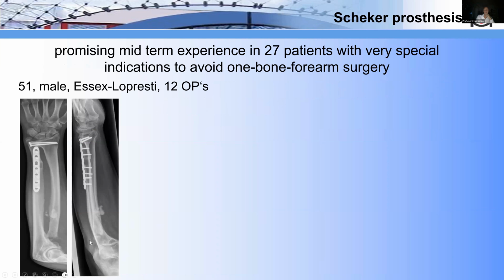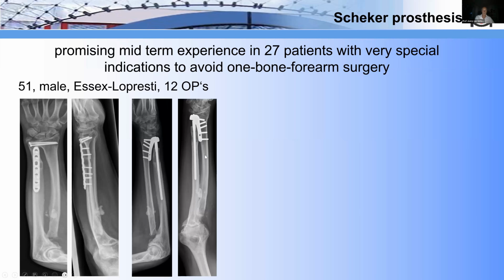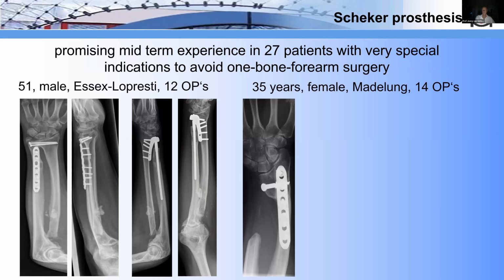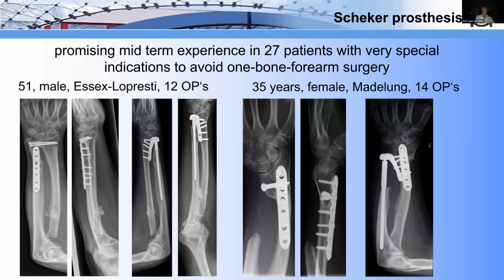This is one patient over here where we used the Scheker prosthesis following an acephaloplasty injury, following 12 previous operations, to restore some kind of forearm rotation, or in this patient, 35 years old female, Madelung's deformity with 14 previous operations. So in the end, we decided to remove the hardware to perform another correction osteotomy of the radius, and then restore stability of the forearm with the Scheker prosthesis.